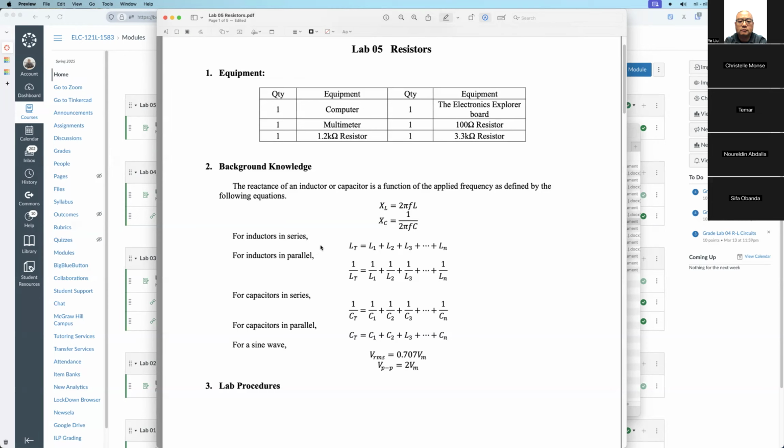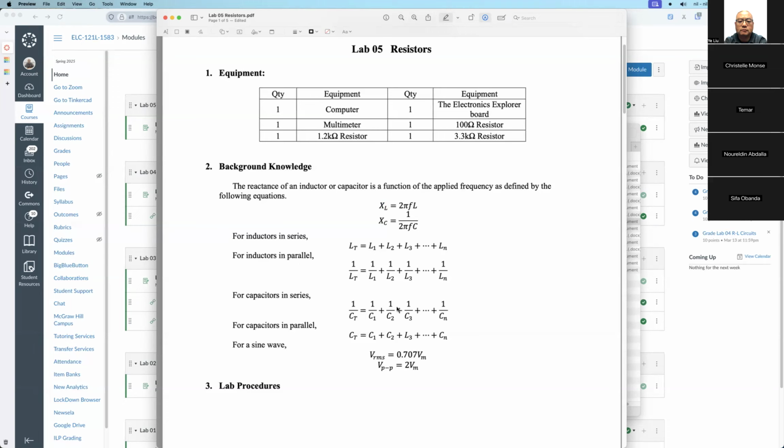For series inductors, LT equals L1 plus L2 plus L3 plus Ln. Parallel inductors: 1 over LT equals 1 over L1 plus 1 over L2 plus 1 over L3 plus 1 over Ln.